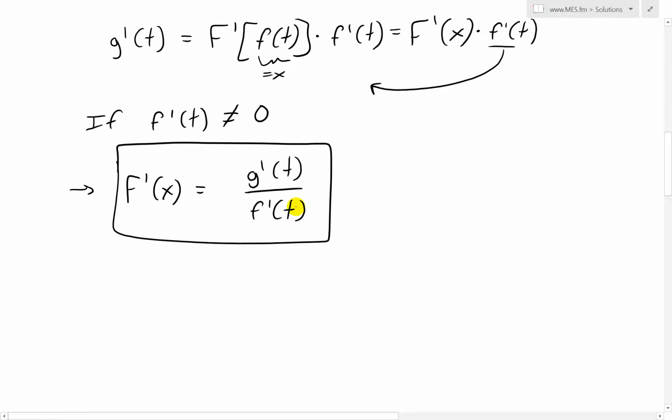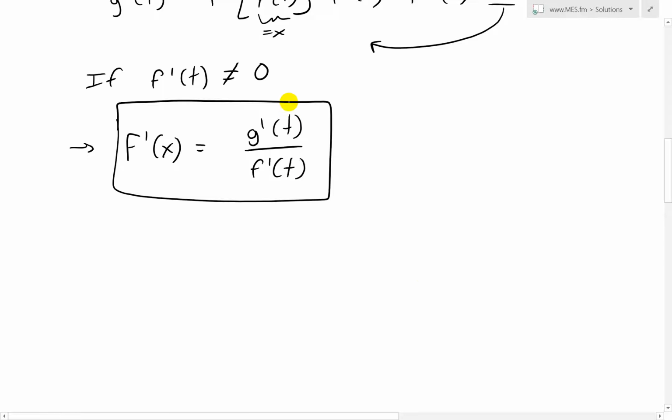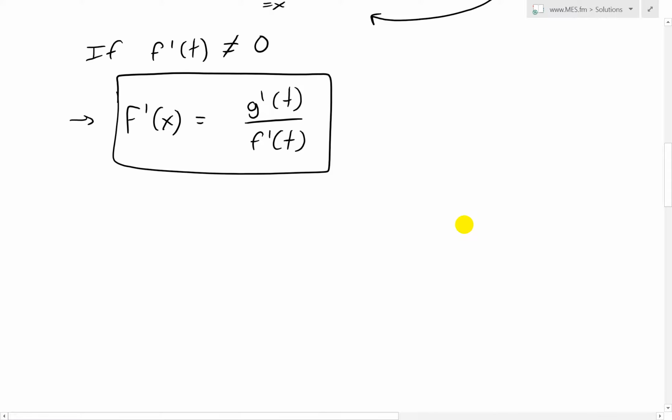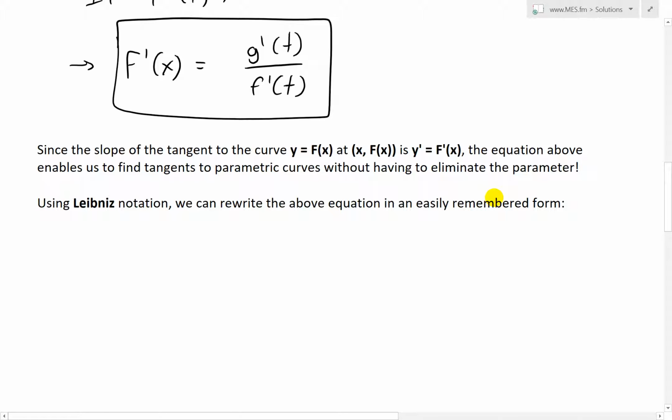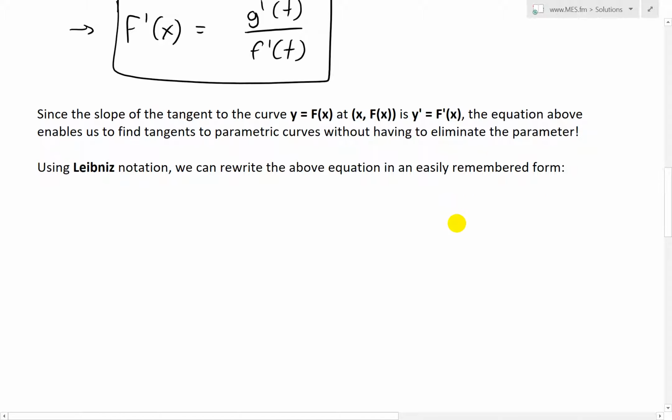The reason it's not equal to 0 is that when we move it over, you're not dividing by 0, which is undefined, or basically goes to infinity. It's just a vertical slope. And now this is just the slope of the curve on a y-x axis.